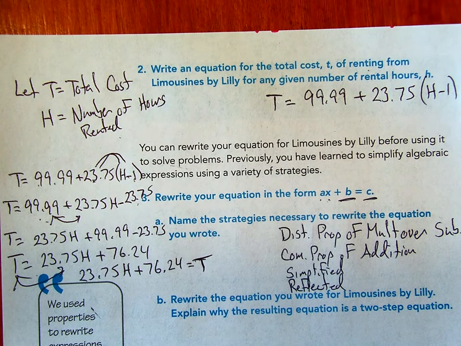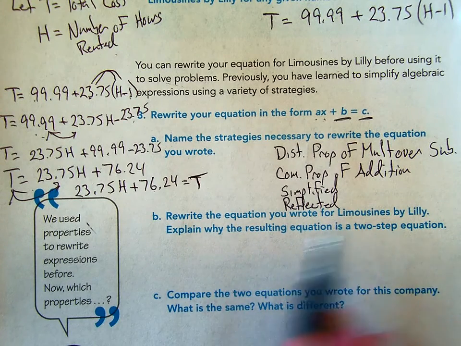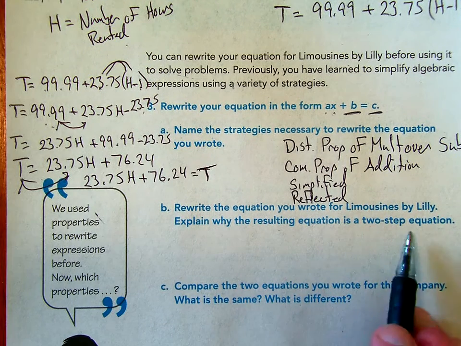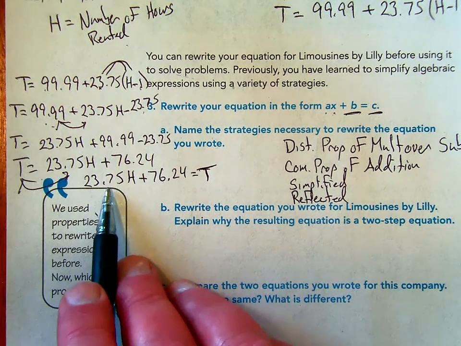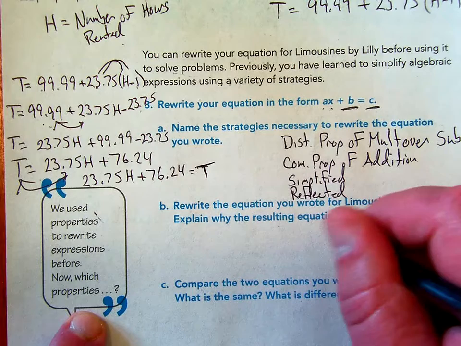So rewrite the equation you wrote for Limousines by Lilly. Explain the resulting equation. Explain why the resulting equation is a two-step equation. Well, t is my output. I want you to think back again: y equals mx plus b.